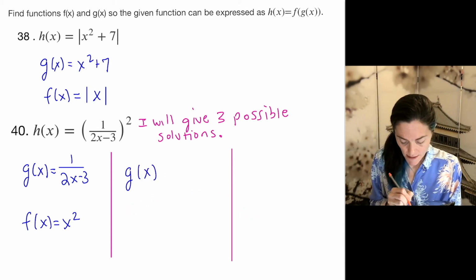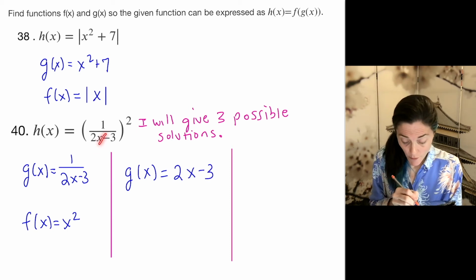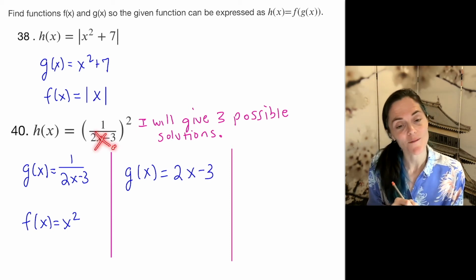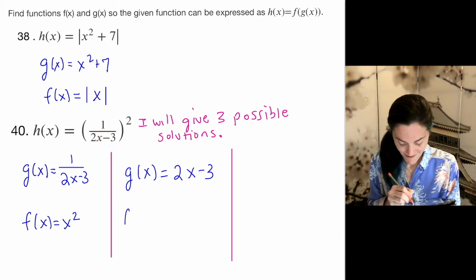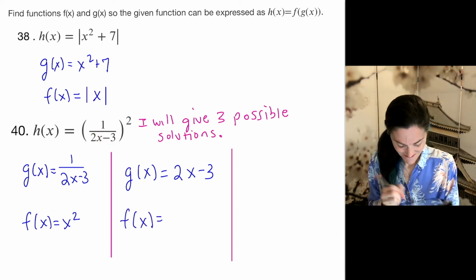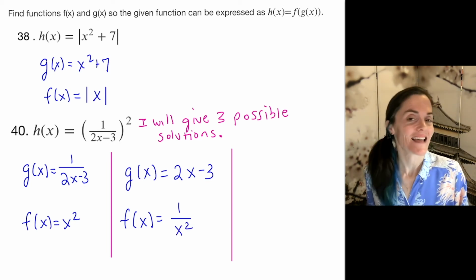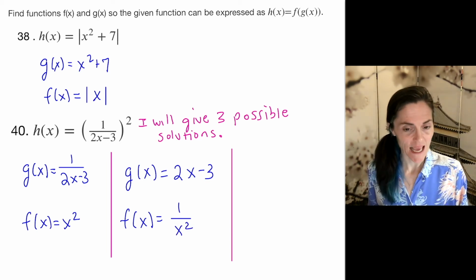G of x is 2x minus 3. And then in our mind, we replace that with an x. Read off what we have. In this case, my f of x would be 1 over x squared. Once again, you can check f composed g gives us h.